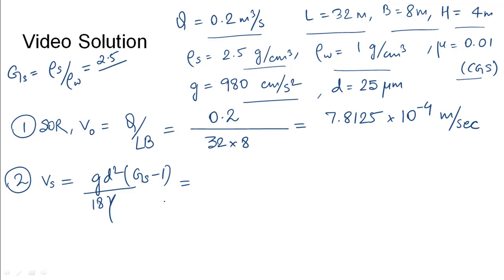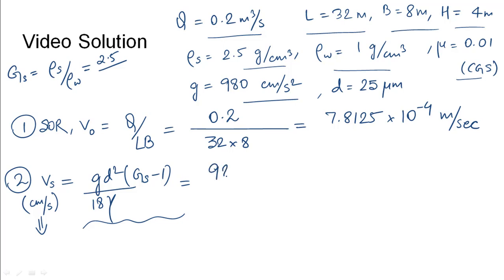We can substitute all these values in CGS units, and finally that would give us the settling rate in centimeters per second, and then we can directly convert it to meters per second. This reduces the hassle of converting all the units one by one. So we can substitute everything in CGS units, get the answer in CGS units, then convert it to meters per second, and then compare this Vs with V0.